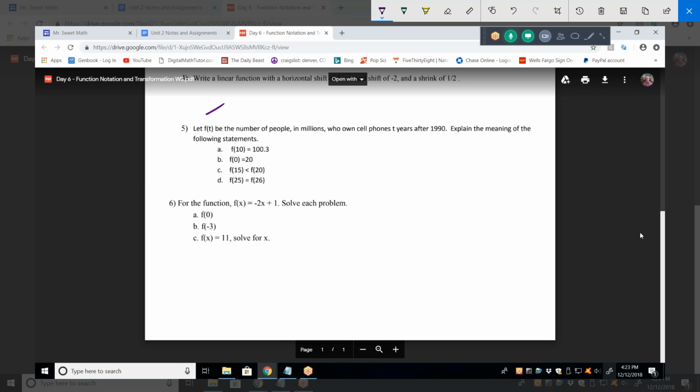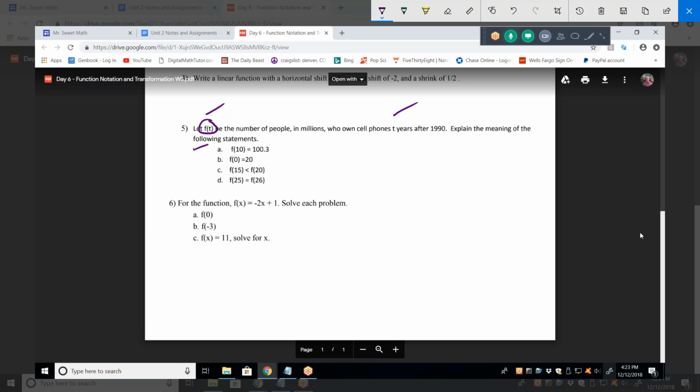So if f of t is 1, it's 1 million people. If f of t is 3, it's 3 million people who own cell phones t years after 1990. So the number of people that own cell phones is a function of t, and t is the number of years after 1990.